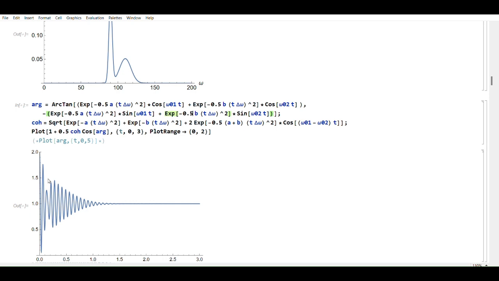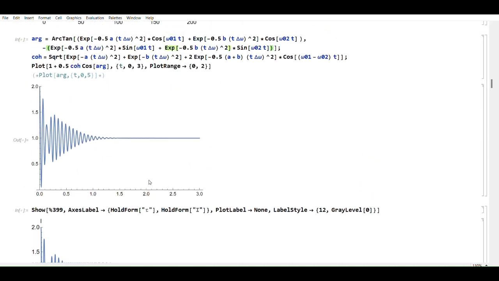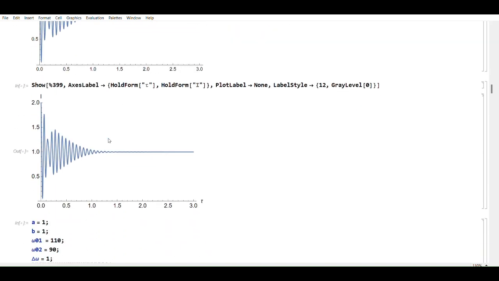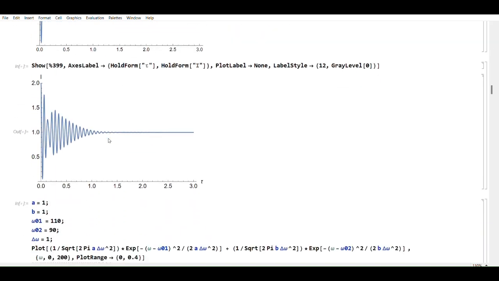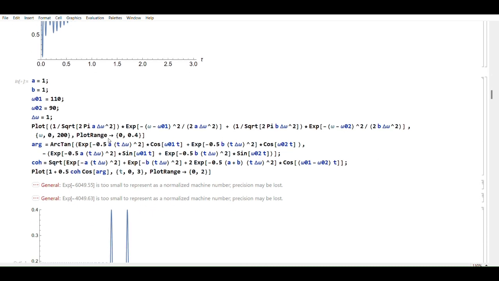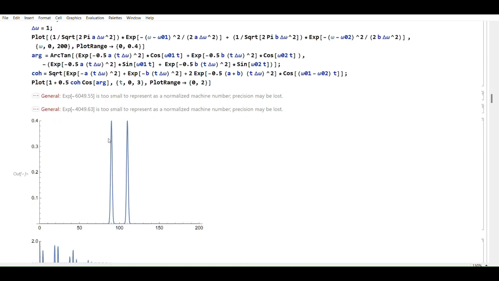So I have taken that 2 also out. That leaves you with 1 plus half mod of gamma tau times cosine of argument of gamma. And this I am plotting for tau in the range 0 to 3. And this is what you see, these fringes.